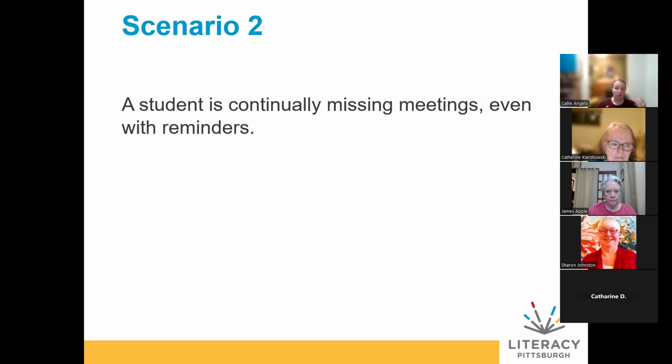Oftentimes, students also jump over the possibility of talking to their employers. That can be a really scary concept. But more employers than we think are willing to set a schedule so that their students can meet. This is not every employer.